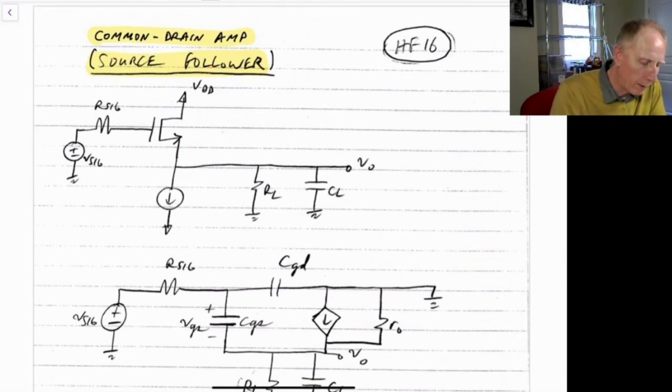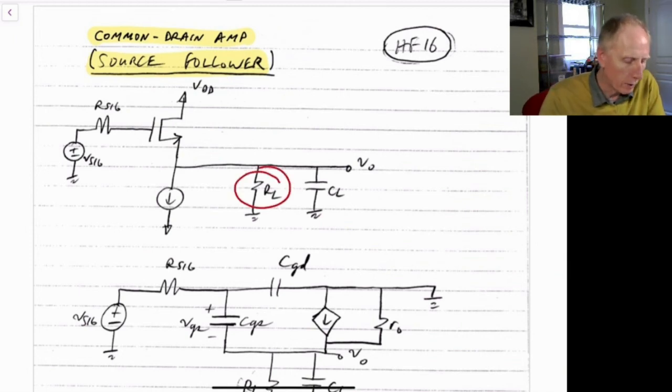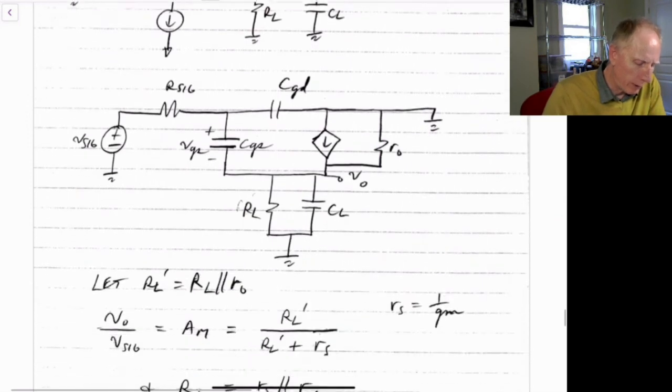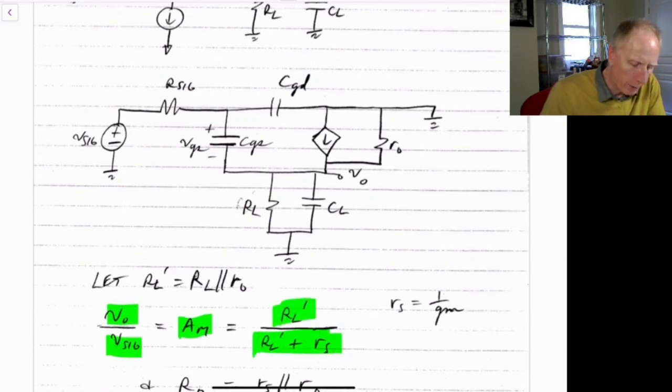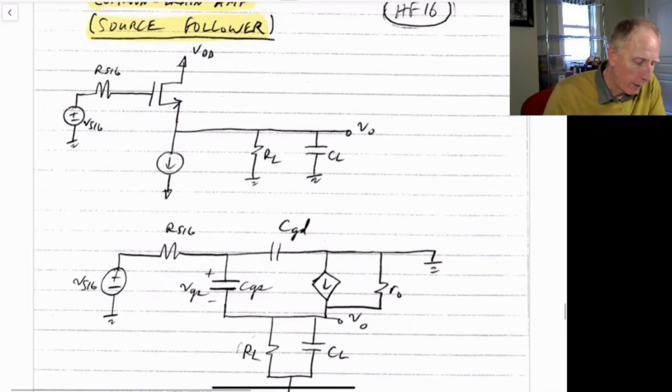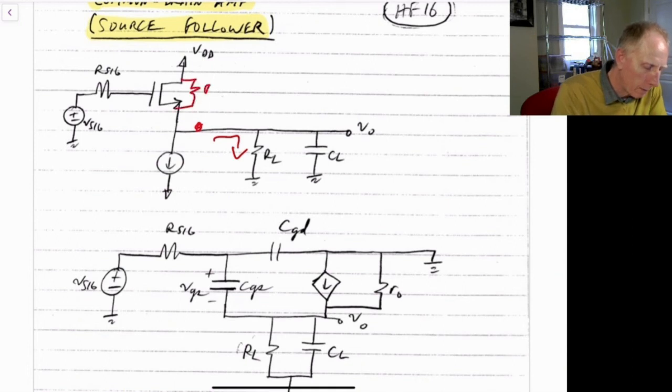And the load that we're driving, if we're just looking at the mid-band region, is R sub L, and we can open circuit our capacitor then. So in the mid-band region, the gain V out over V signal is just going to be RL prime divided by RL prime plus RS, where RS is equal to 1 over GM. RL prime is the total impedance we see at this node to ground, in which case we see RL, and we also see the R naught of the transistor.